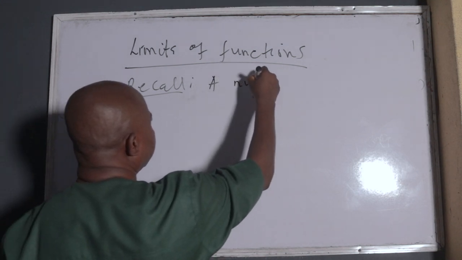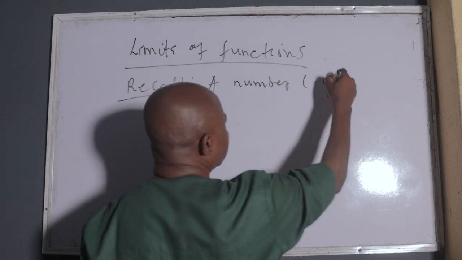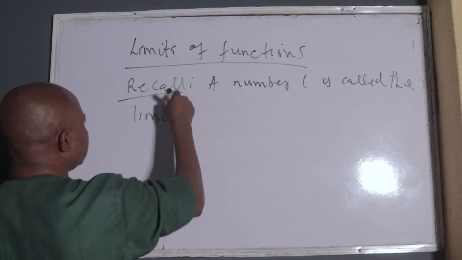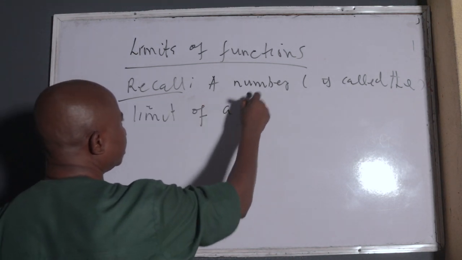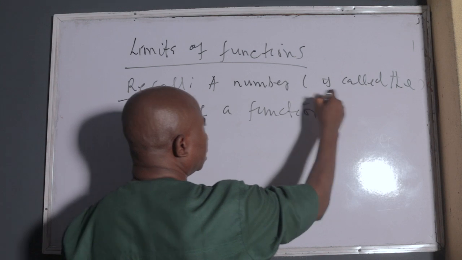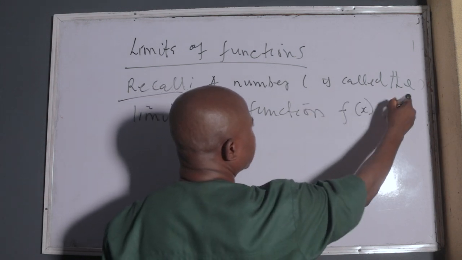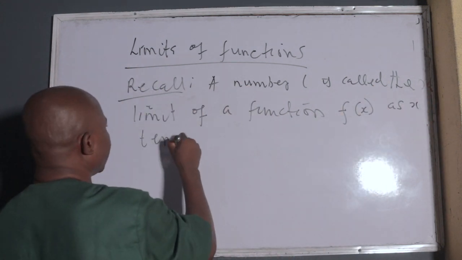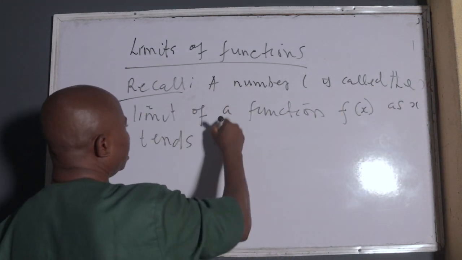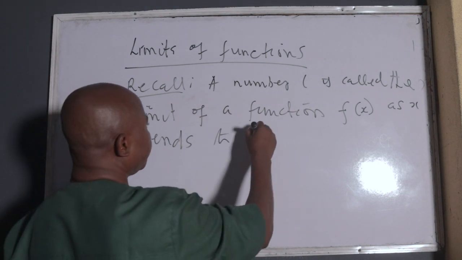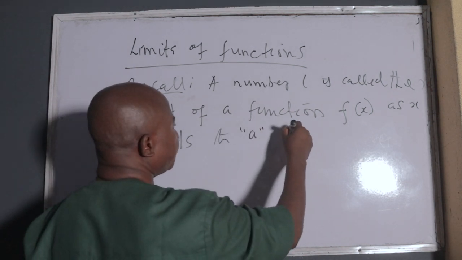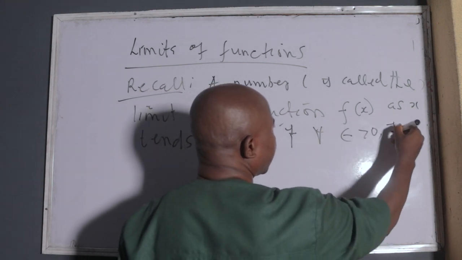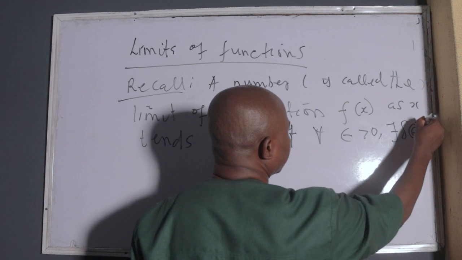A number L is called the limit of a function, say f(x), as x tends to, that means as x approaches a given value, say a, if for all positive number given, you can get another positive number that depends on the given one.